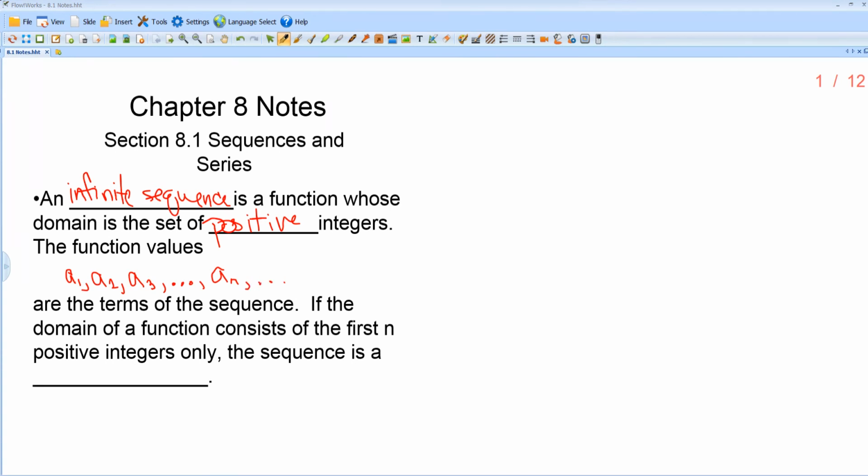A sub n just representing the fact that it could stop, and that changes the type of sequence. So these are the terms of a sequence. The whole thing is the sequence.